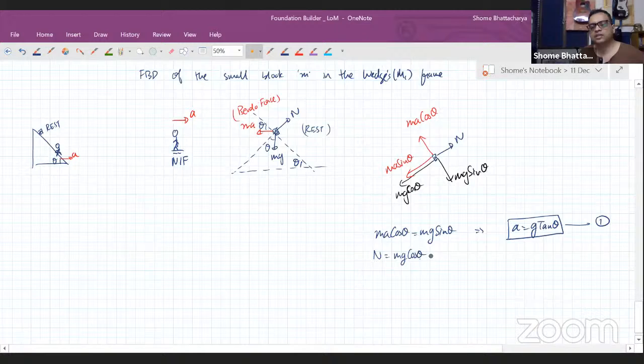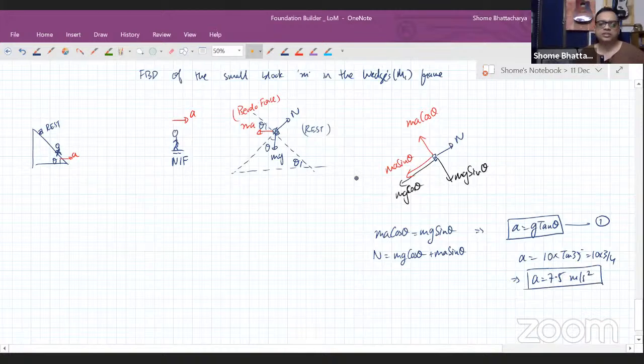The important thing is the relation between a and g. So in our particular case, a becomes 10 into tan 37. So that is 10 into 3 by 4. So the acceleration we require is 7.5 meters per second square. So this is the first step in solving the problem. Make sure you understand this. Then we will use the value of acceleration to calculate the mass of the other block M2.